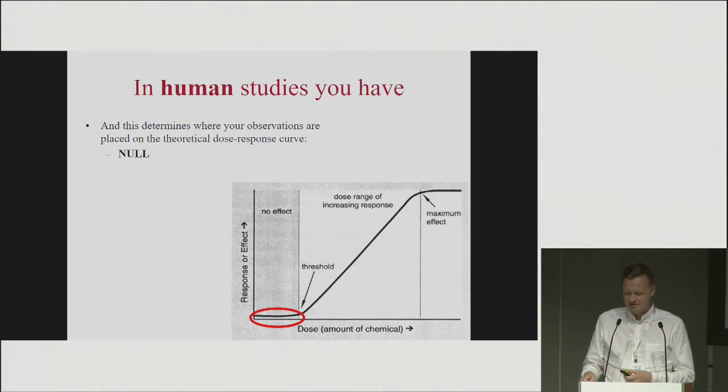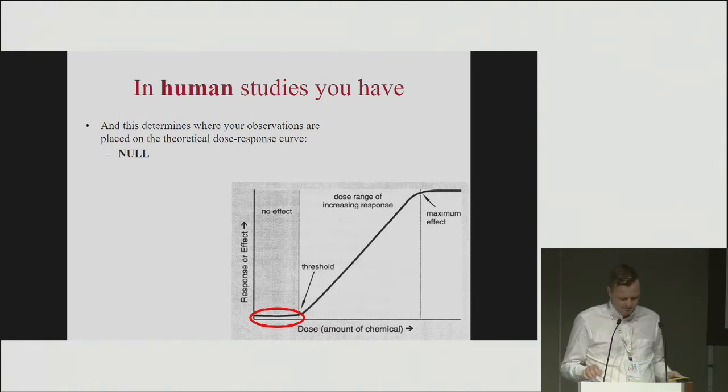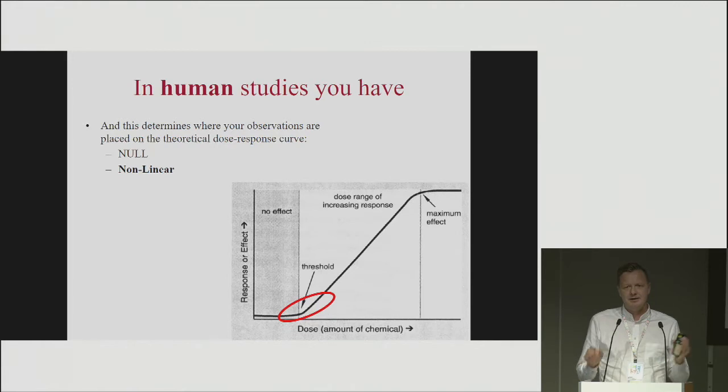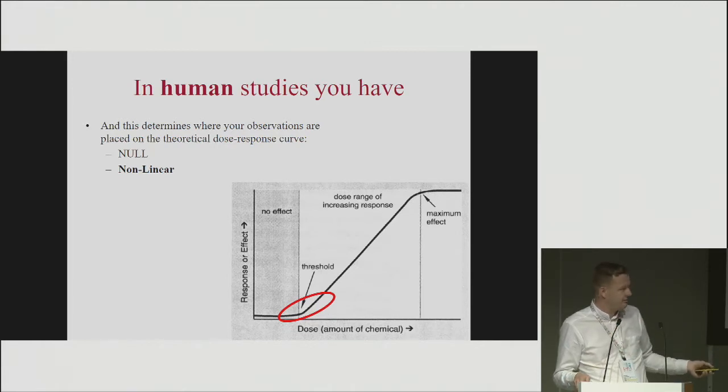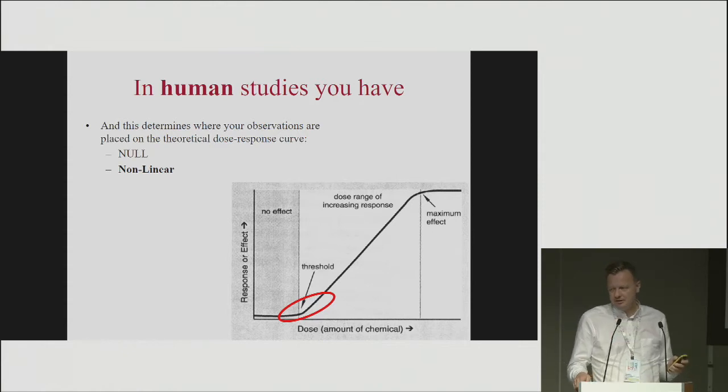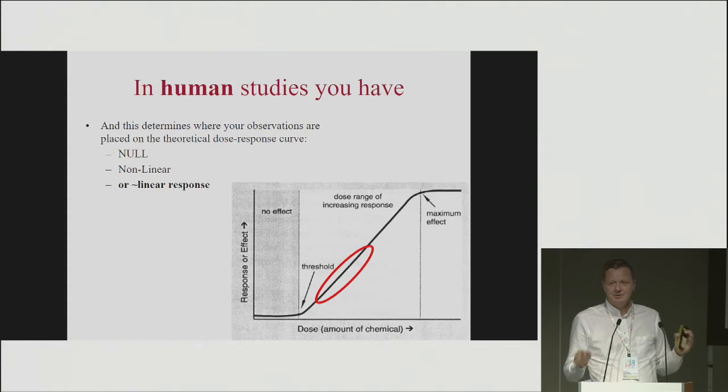You will just be placed here on the dose-response curve. Theoretically, if your starting point is slightly higher, you may end up with something that is non-linear. And if you're slightly higher still, in the Faroe Islands, you might end up here. So the dose response that you get depends on the starting point and the range.